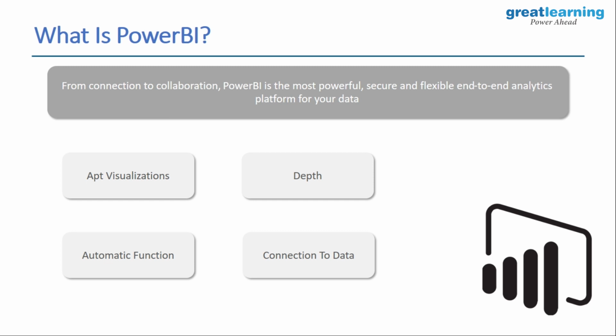When you say an end-to-end platform, right from data consumption or data sourcing to the end process where you generate reports out of it, Power BI takes care of quite a lot of things. So when we are talking about data visualization tools, the primary function here is to take in your raw data and generate visualizations out of it, which can convey messages very effectively.